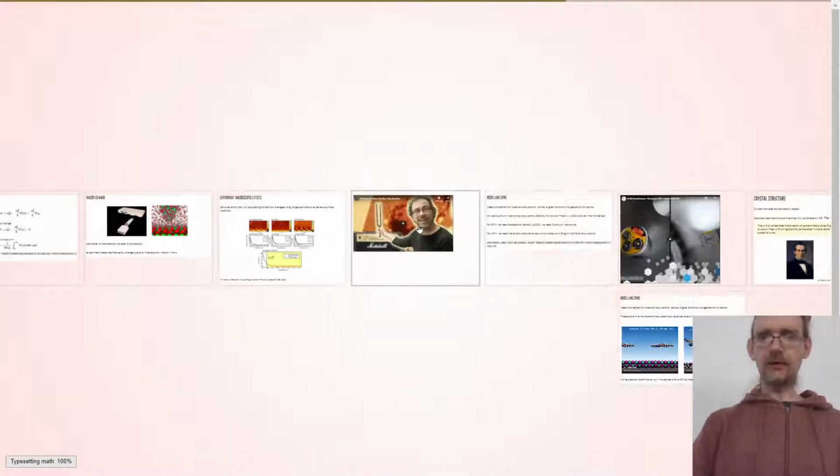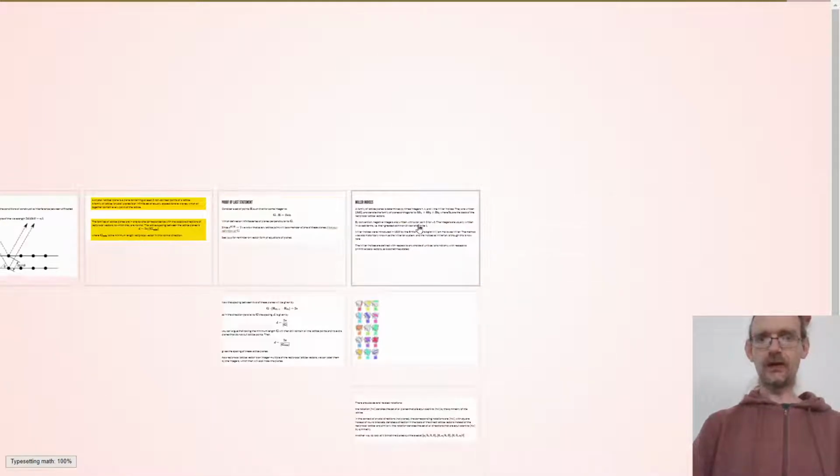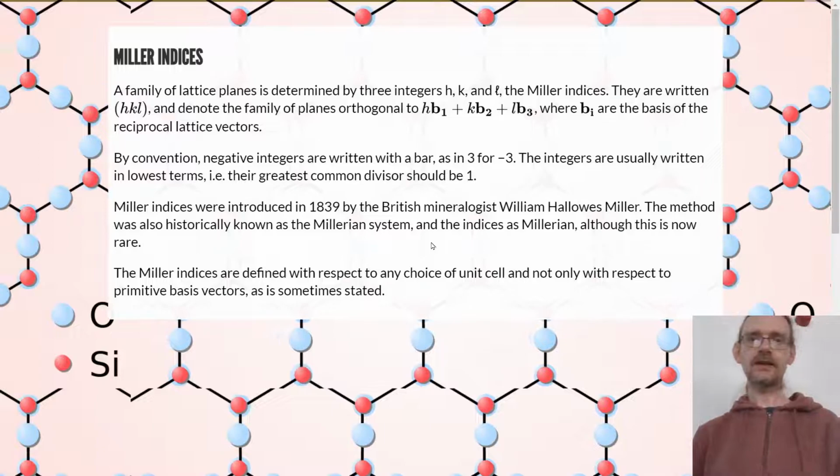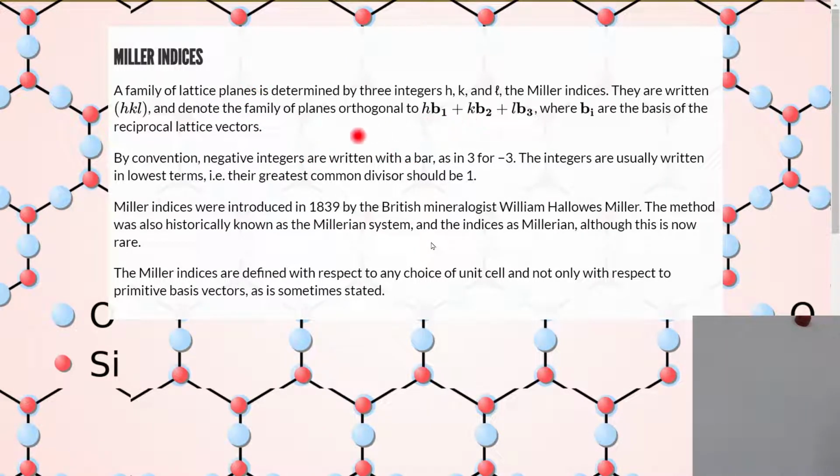So we can label our surface directions, or the normals to a surface, by which reciprocal lattice vector we're dealing with. We've got a certain number of reciprocal lattice 1, a certain number of reciprocal lattice 2.